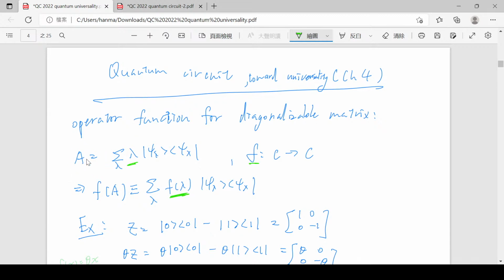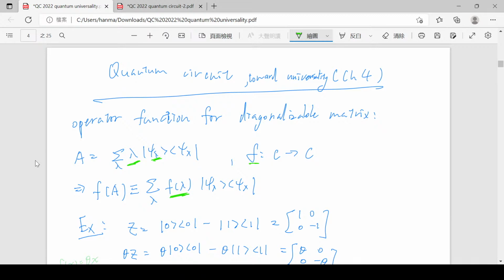So your diagonalizable matrix A has eigenvalues lambda and eigenvectors psi lambda. Then when you apply a function on your matrix, you still have the same eigenvectors, but you apply the function on all the eigenvalues.